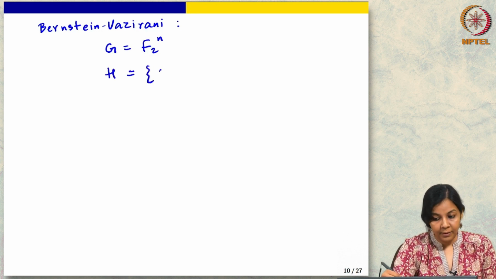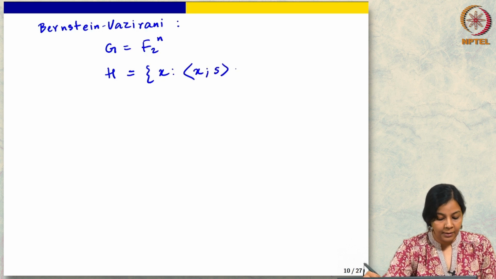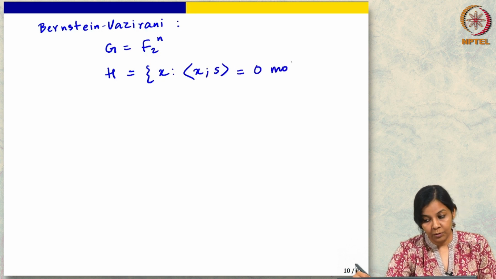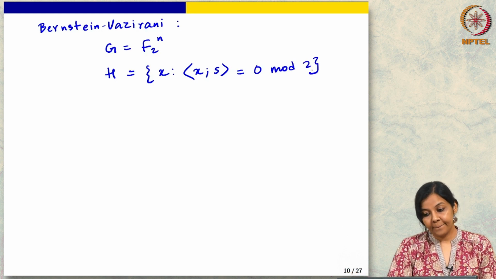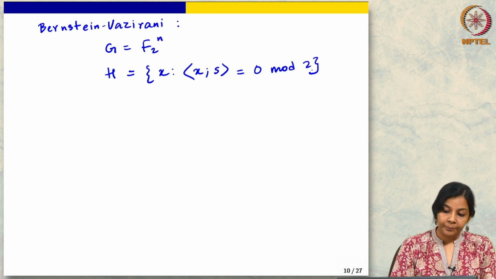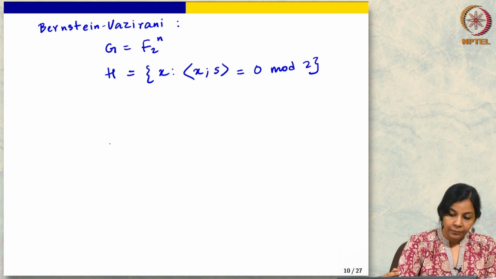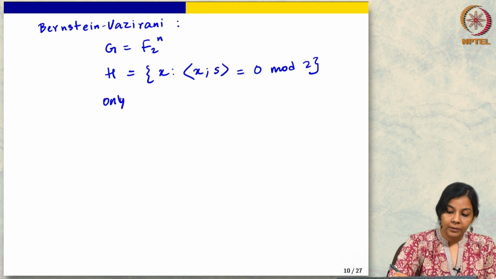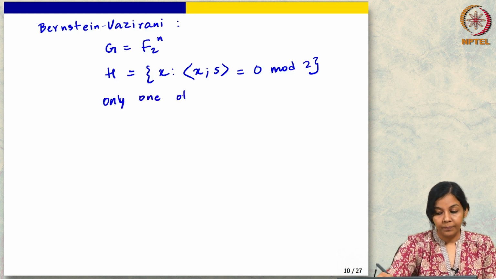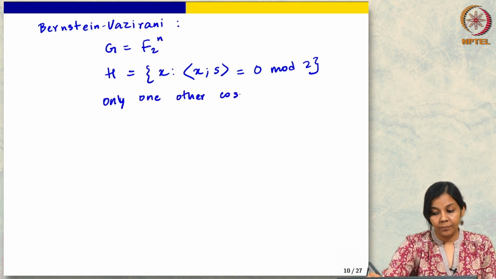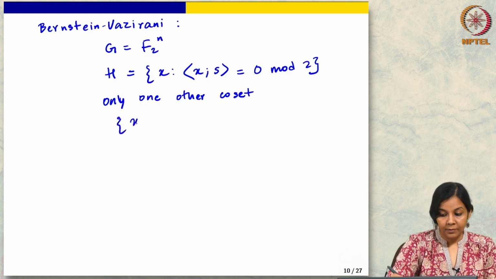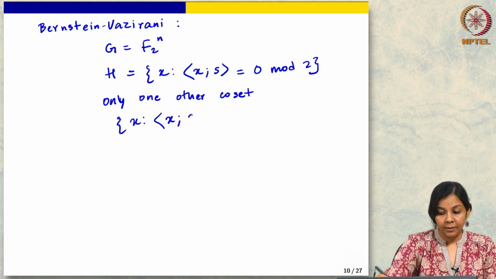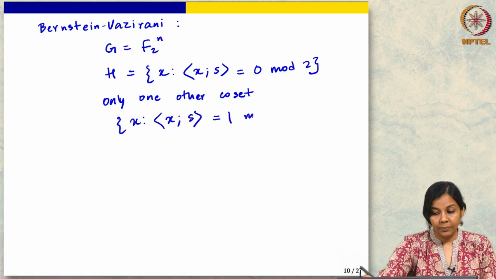H is all x such that x inner product S is 0 mod 2, okay, and there is only one other coset, which is x such that x inner product S is 1 mod 2.